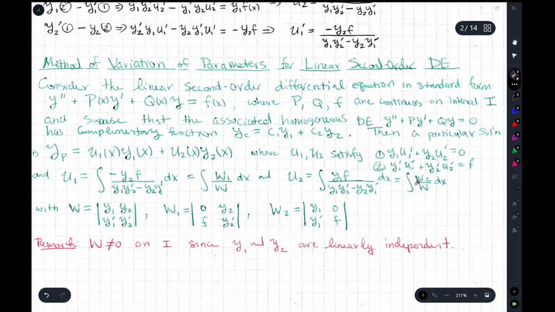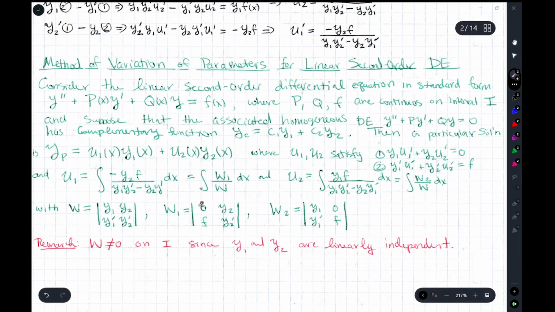Note here that the denominator in both of these is just our friend, the Wronskian. So you just take the determinant of that. That's the denominator. And we invent these two terms, W1 and W2.